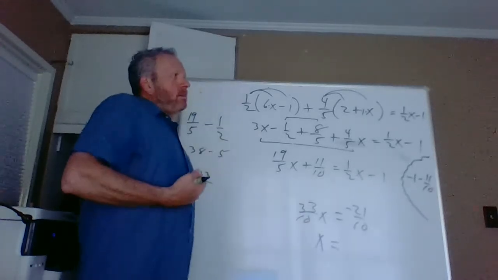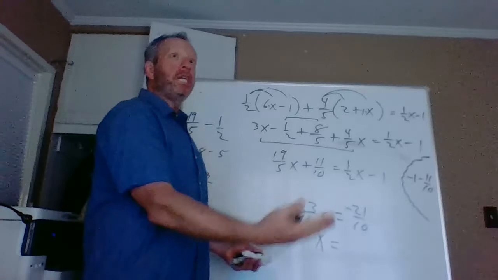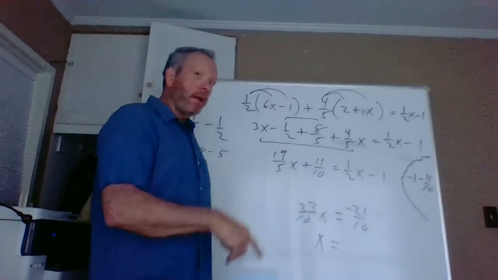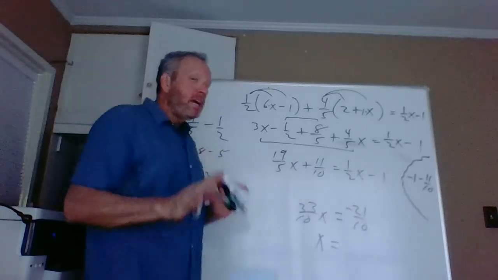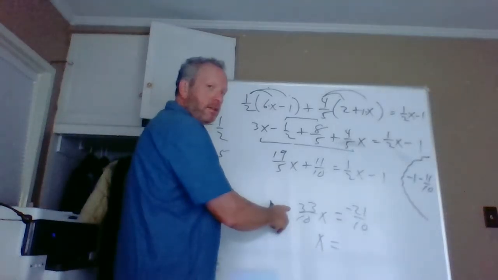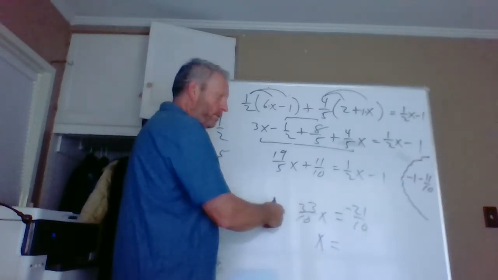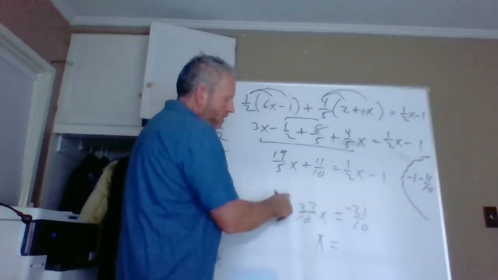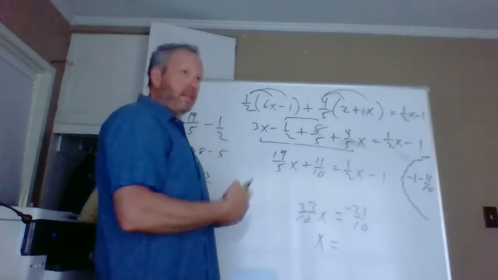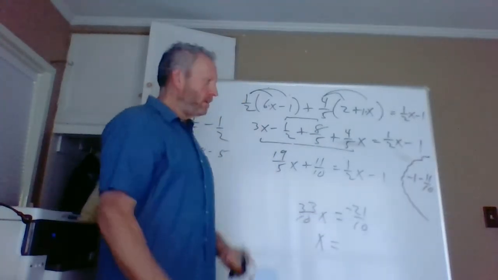If I were working this out by myself, I'm really going to divide both sides by 33 over 10. How do you divide? You flip and multiply. When I flip this over, we'll get 10 over 33 and 10 over 33. The 10s will cancel out, the 33s will cancel out because any number divided by itself is 1, so we wind up with x. So that's kind of a done deal.